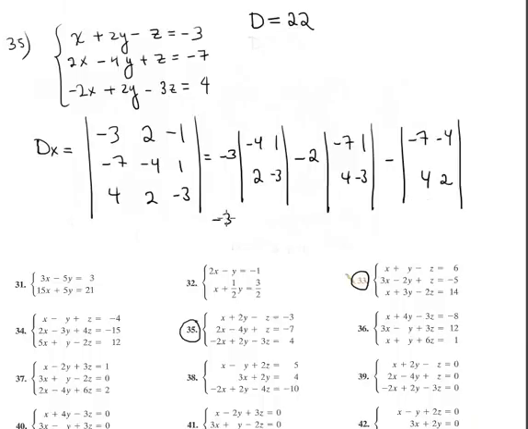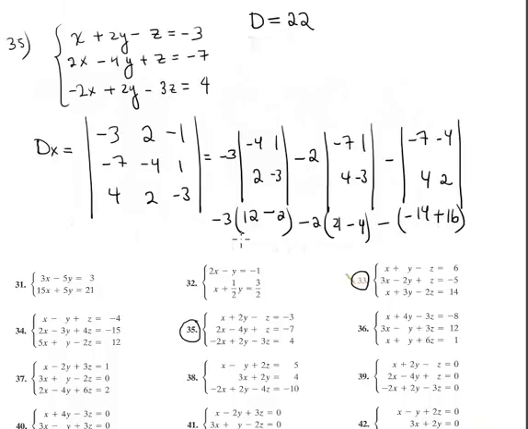It's minus 3 times 12 minus 2, minus 2 times 21 minus 4, minus negative 14 plus 16.